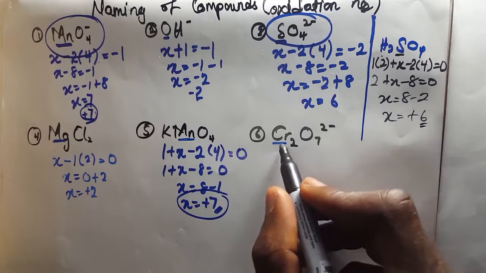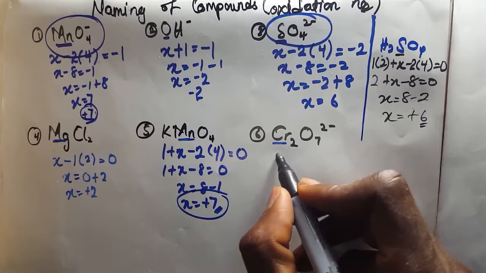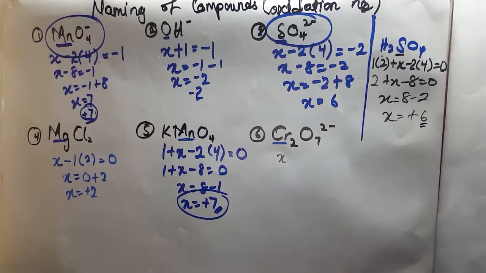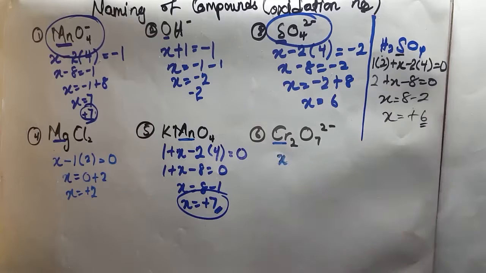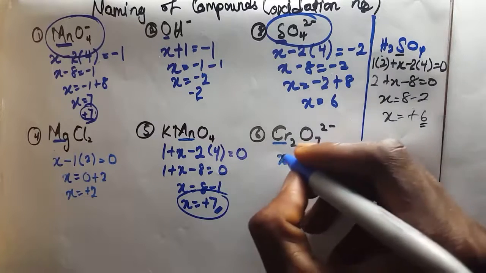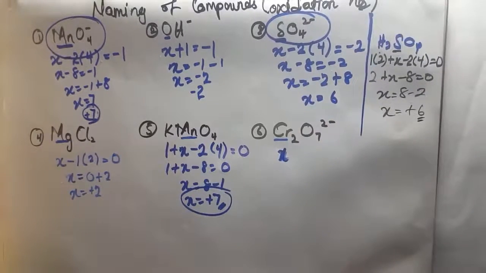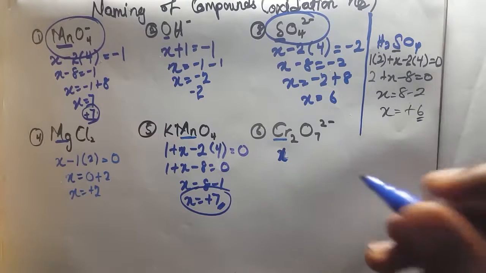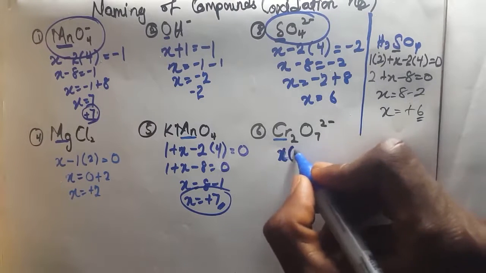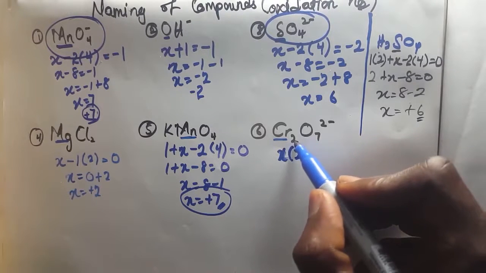So over here, this is chromium. Chromium is going to be represented with X. Okay, now so we continue by writing times 2. Why? Because there is 2 here.